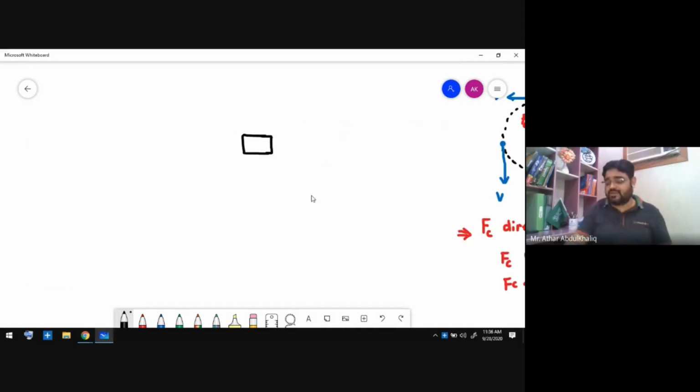What is net force? When there is an object and this object has two forces, for example, this force is 5 Newton, I name it F1 is 5 Newton. And there is another force F2 on the other side, F2 is 2 Newton. So how will I find the net force? You will use F1 plus F2.